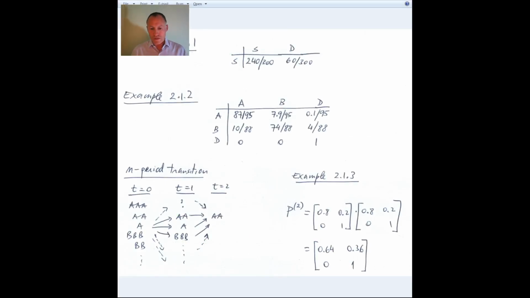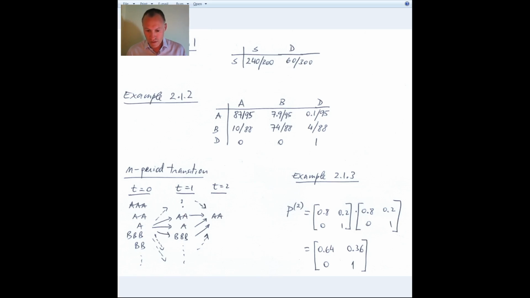It was this matrix here, with a probability of 80% of going from survival to survival, or 0.2 of going from survival to default. And then we add another row here in the end with default to survival 0, default to default 1. So to get the 2-year transition probability, I just need to do the power 2 of the transition matrix. If I multiply this matrix by this matrix, I get this matrix here.